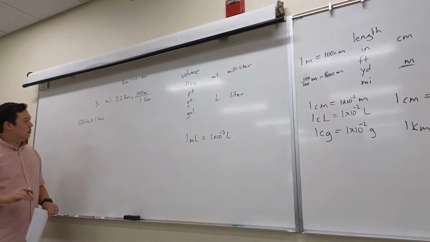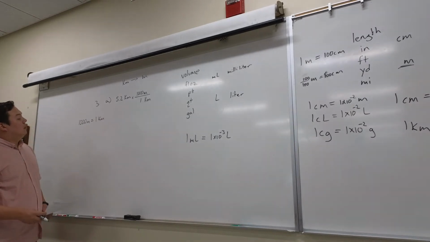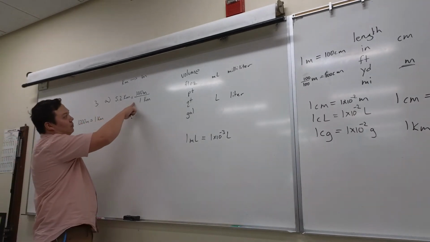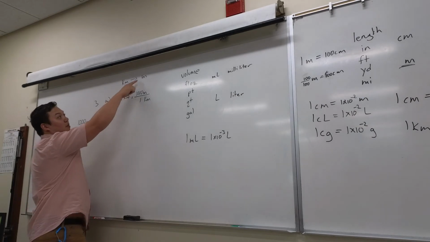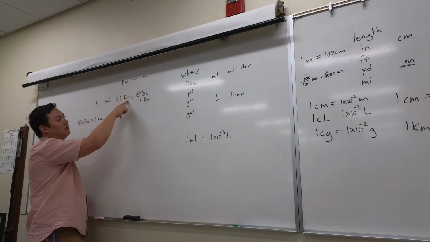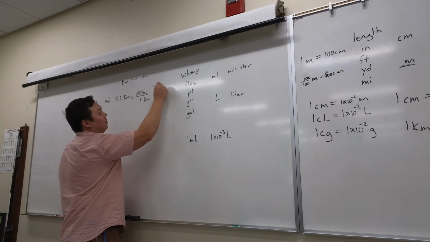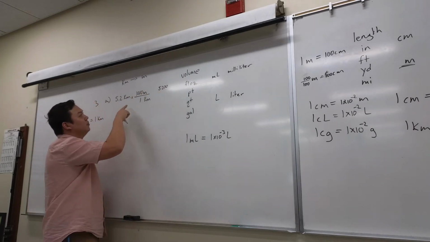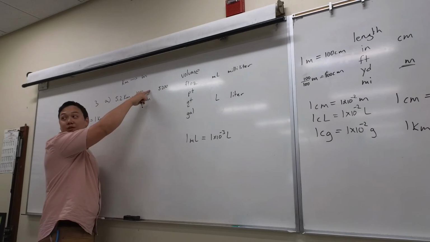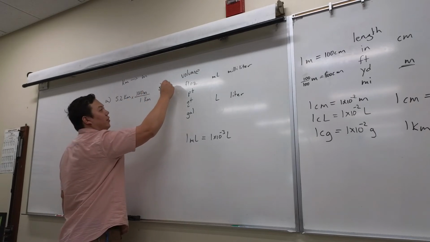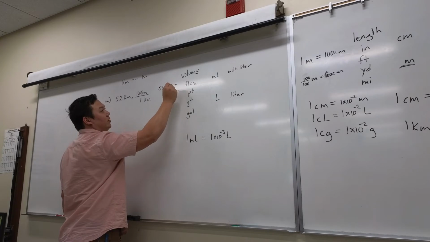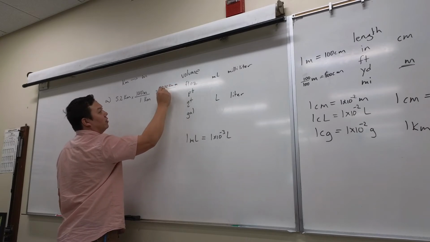I should have started with something else, but okay, so that will convert this from kilometers to meters. Because if we multiply 5.2 times 1,000, we'll get 5,200. Then we'll get kilometers times meters, so this will be kilometers times meters over kilometers.